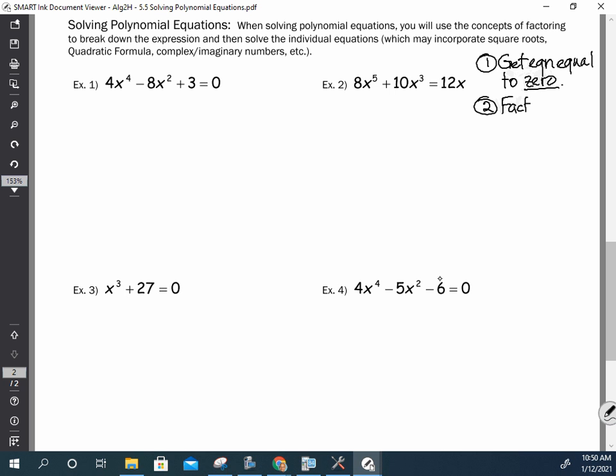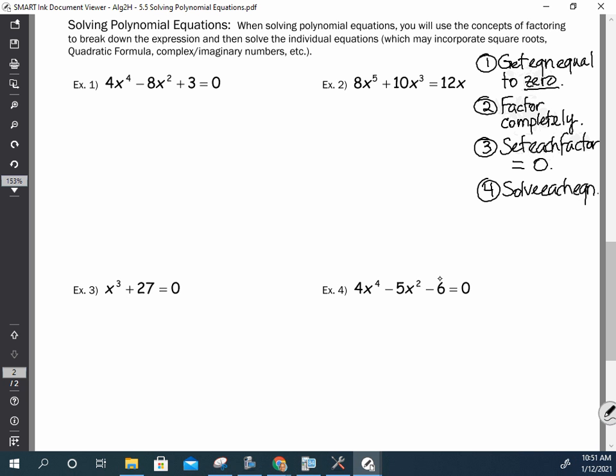Step 2, factor completely. Step 3, set each factor equal to 0. And then solve each equation.